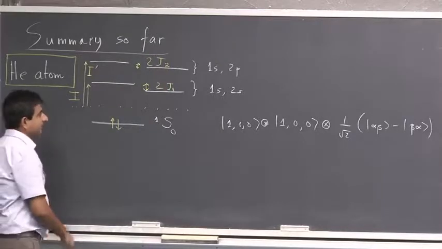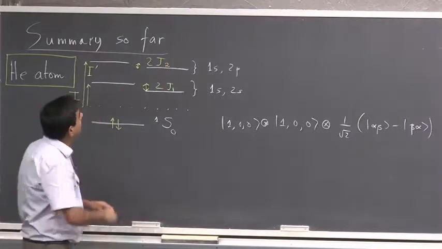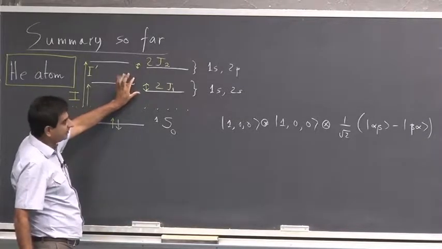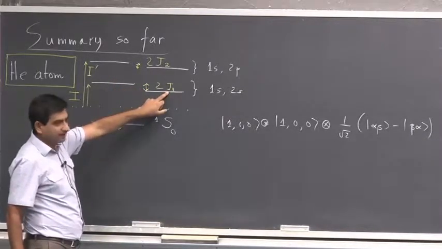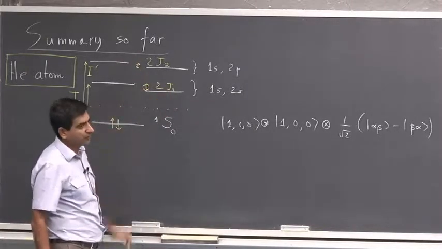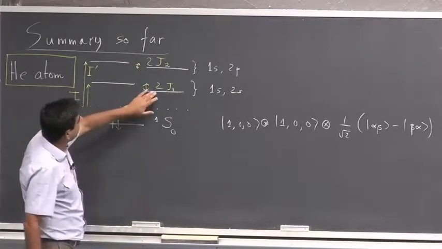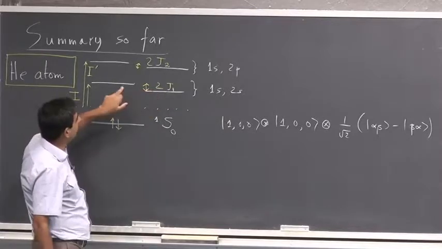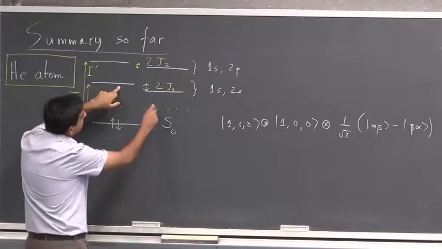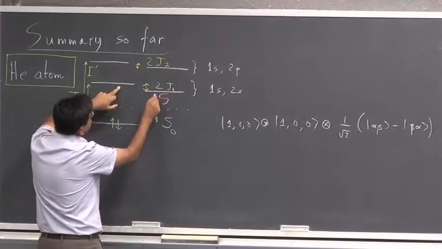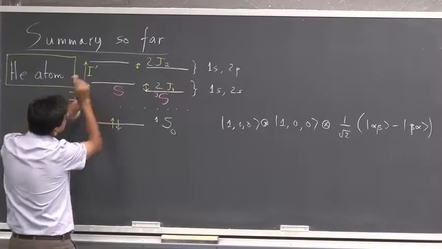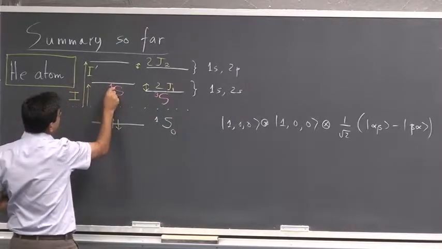And we notice that this manifold is being split with an integral, which is the exchange integral, and this manifold is being split. And this is a triplet state, whereas this is a singlet state. So this is S, multiplicity 3, this is S, multiplicity 1.